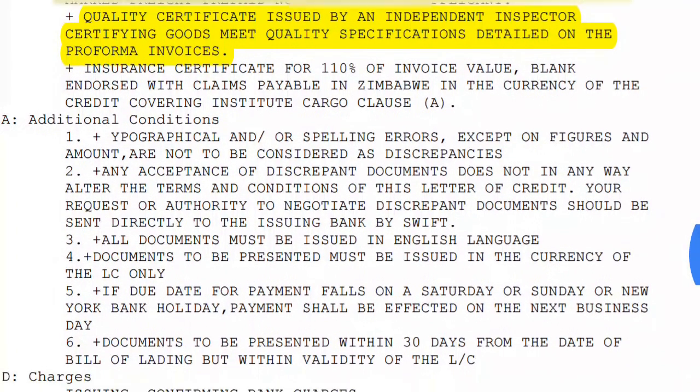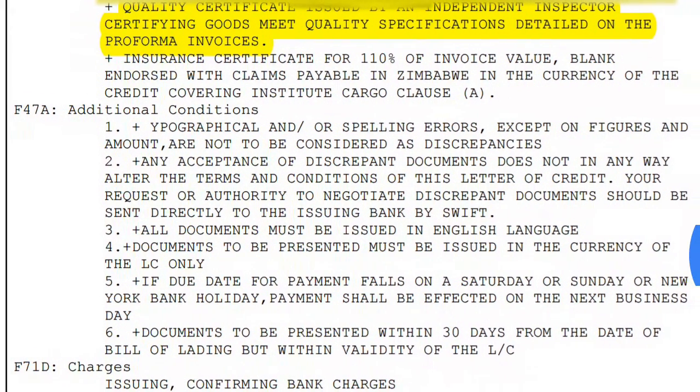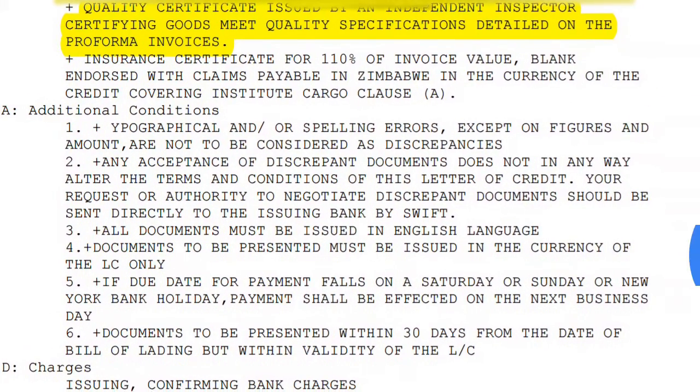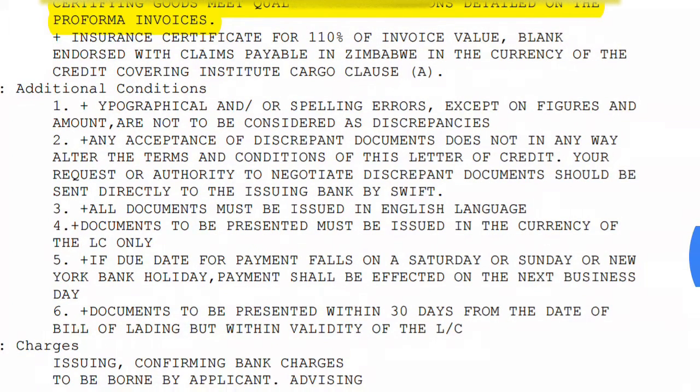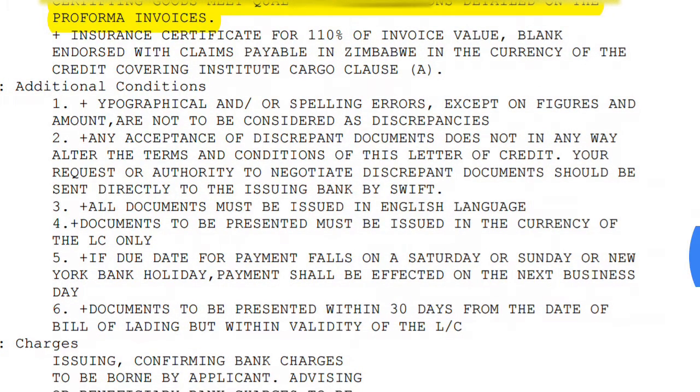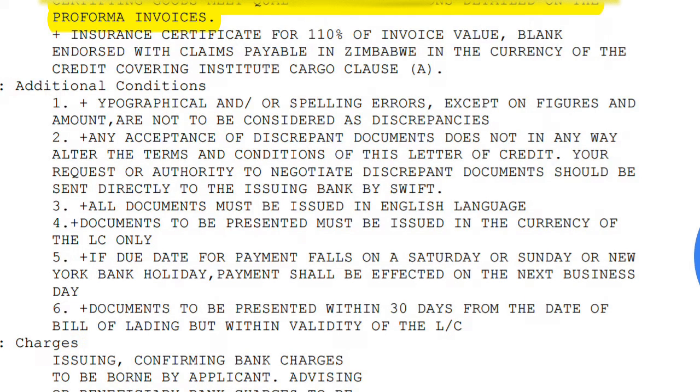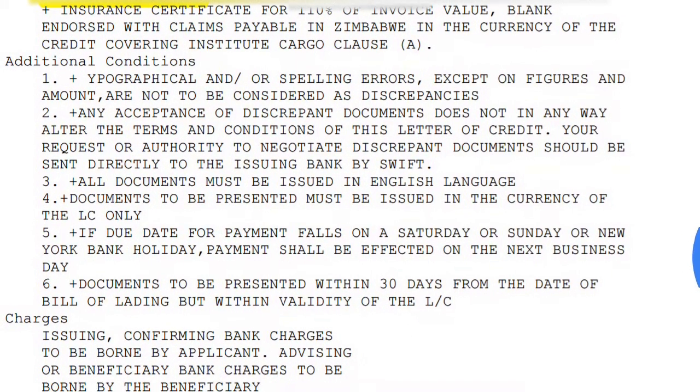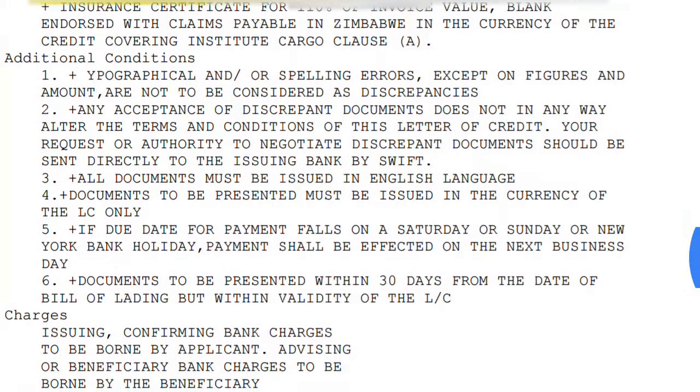If you go next, additional conditions are also mentioned here. Typographical and spelling errors, except figures and amounts, are not to be considered in the descriptions.